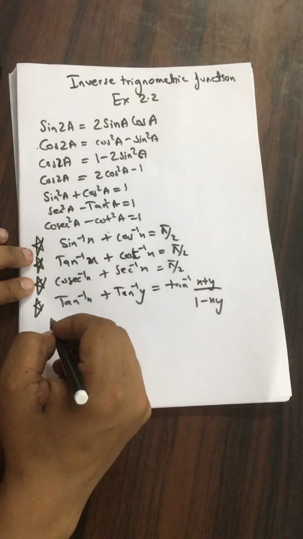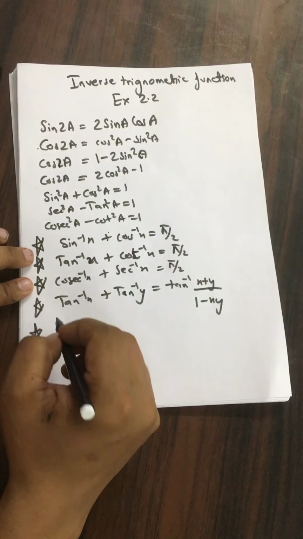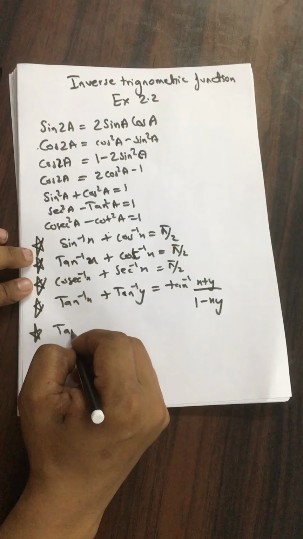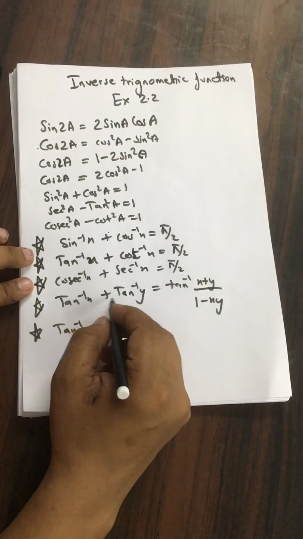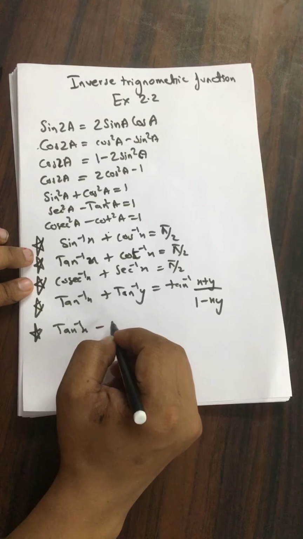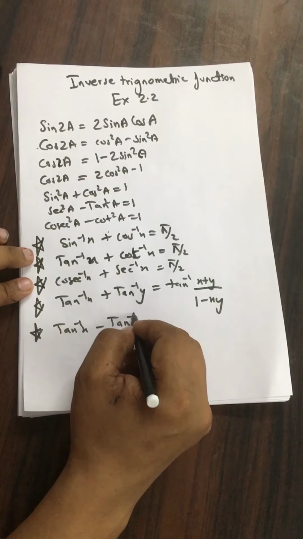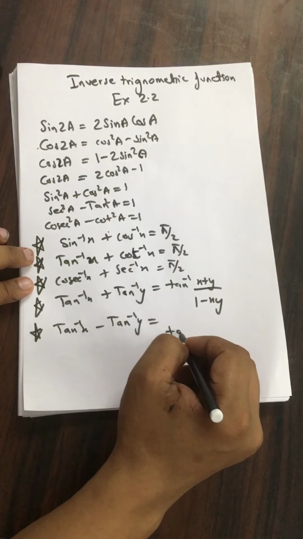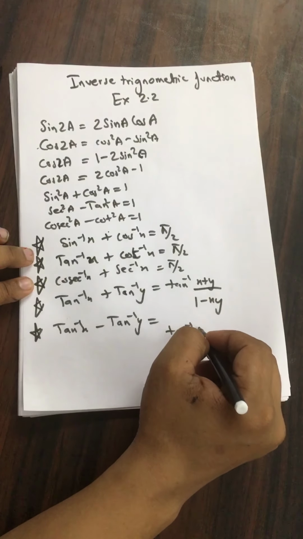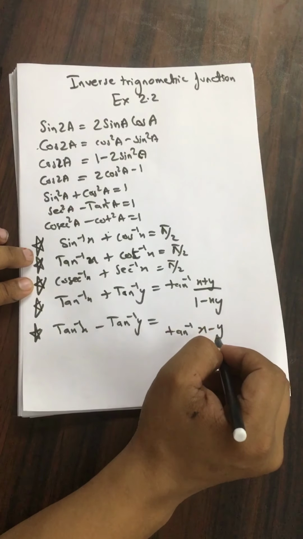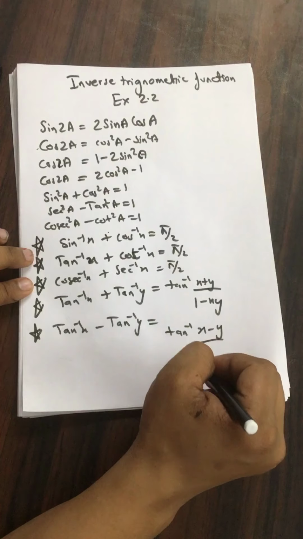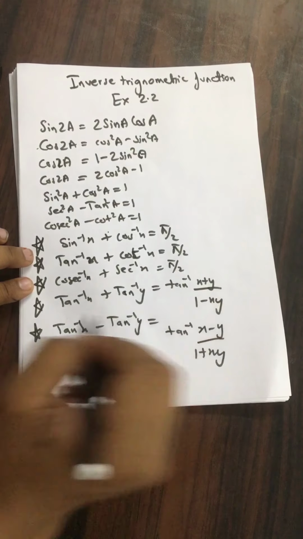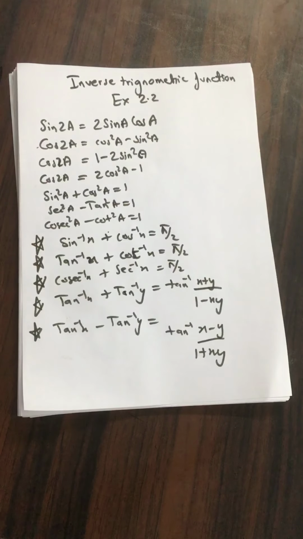Remember this formula. Tan inverse x minus tan inverse y equals tan inverse of (x minus y) upon (1 plus xy). This is summation and this is difference. So, these are some formulas that will be used.